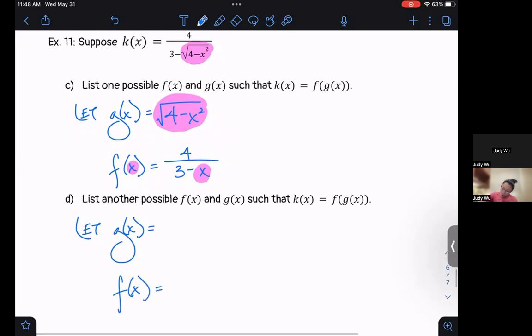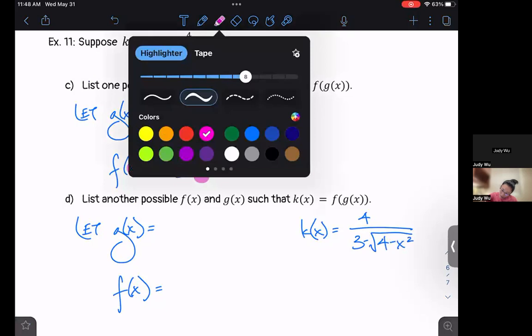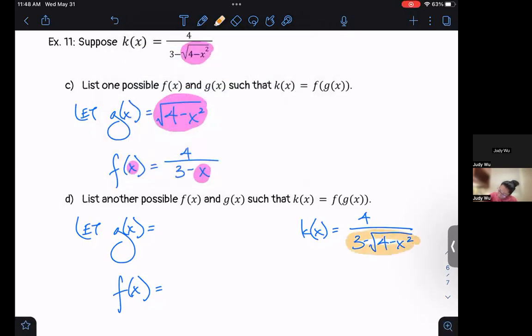Now, another way to do this, and let me go ahead and write that k of x equation over again. K of x equals 4 over 3 minus the square root of 4 minus x squared. Another way that I could think about this is maybe I make the entire denominator my input to the second function. That would make my f function just 4 over x.